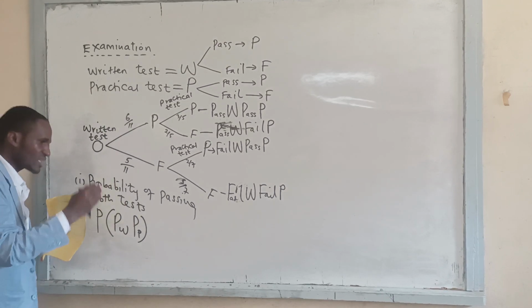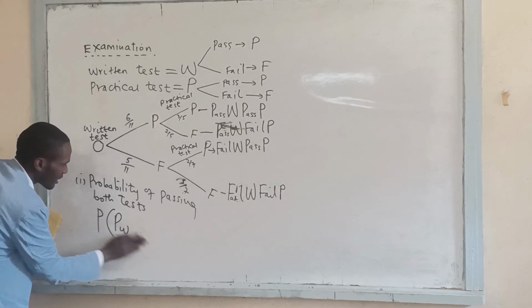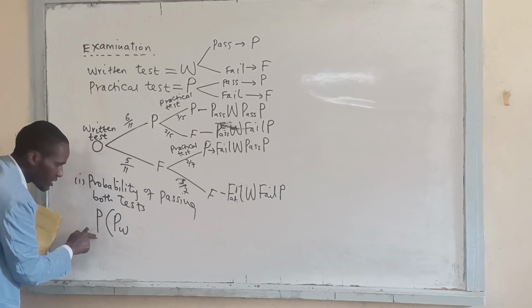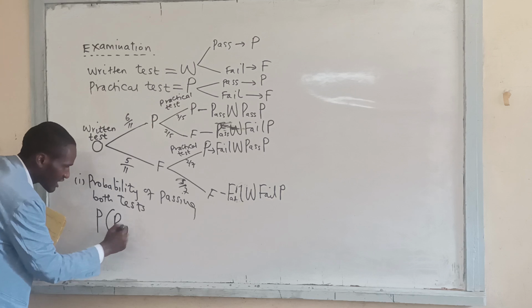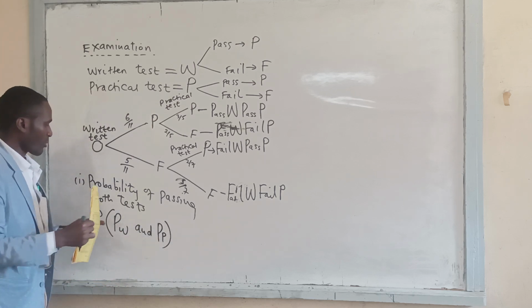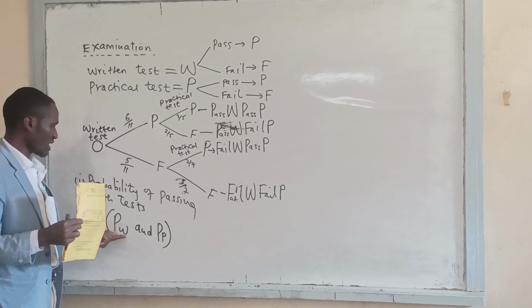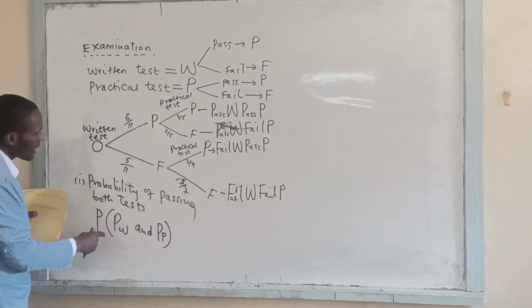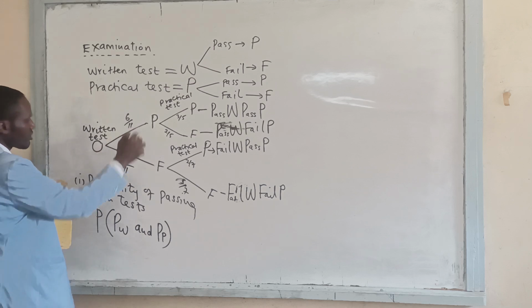So I have passed the written test and I've also passed the practical test. So, probability of passing the written test and passing the practical test. What is the probability of passing the written test? 6 over 11.